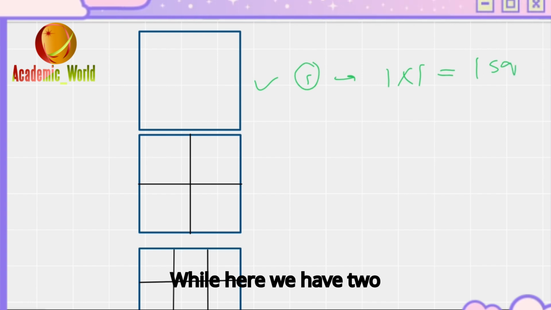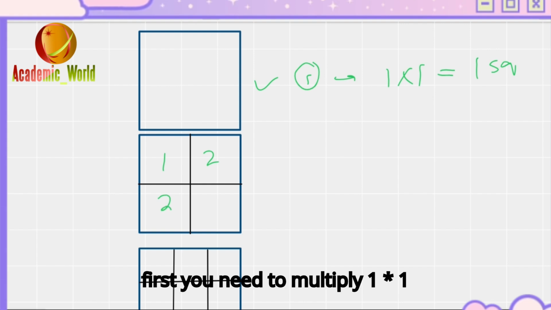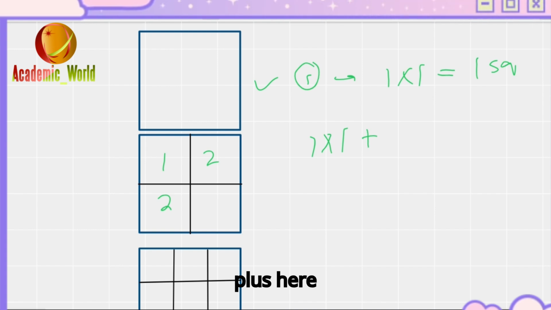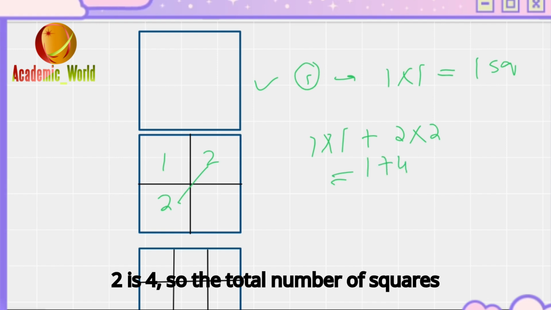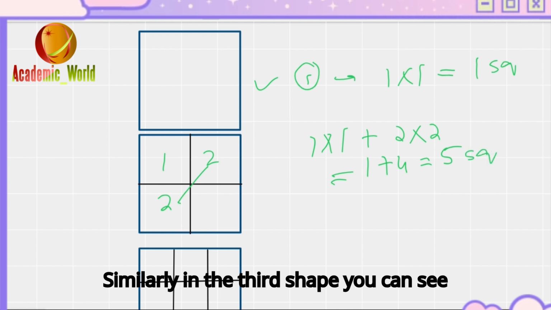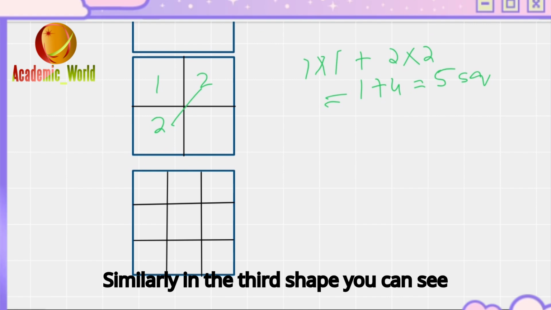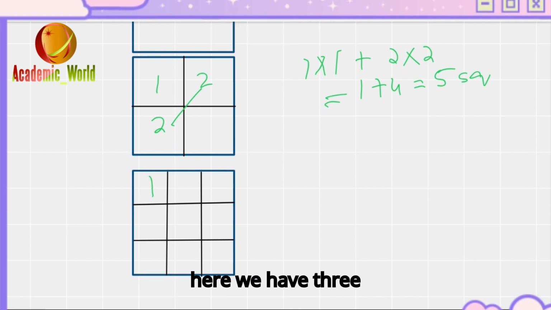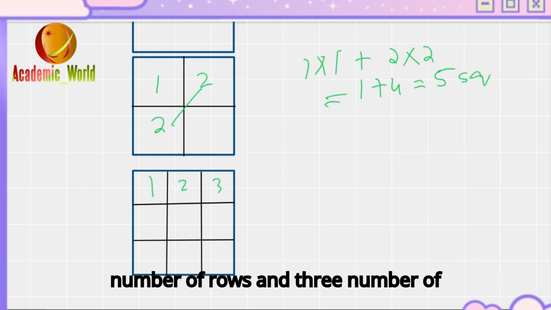While here we have 2 rows and 2 columns, so first you need to multiply 1 times 1 plus 2 times 2. It means 1 plus 4, so the total number of squares will be 5 squares.